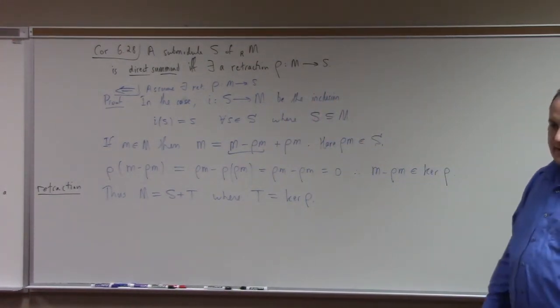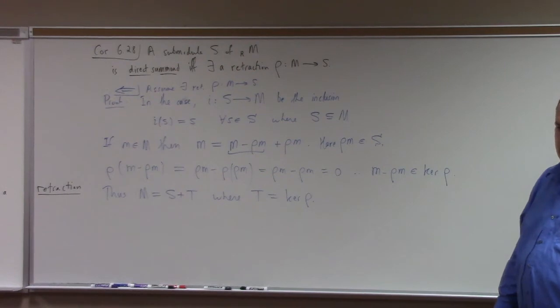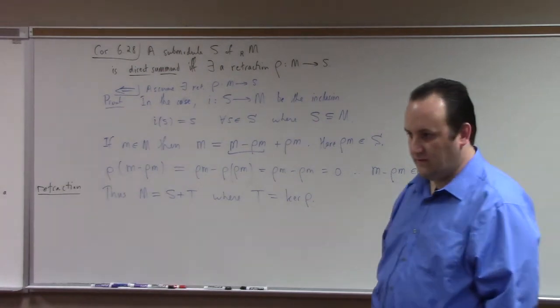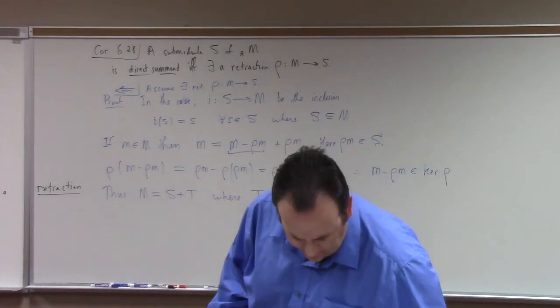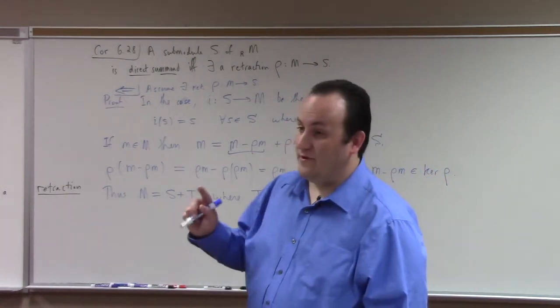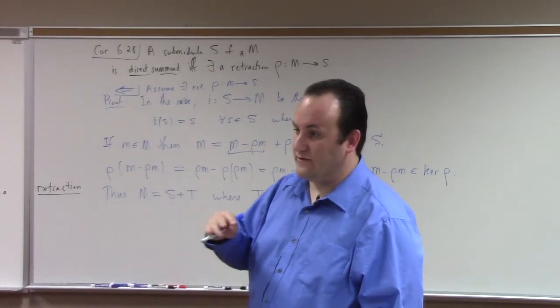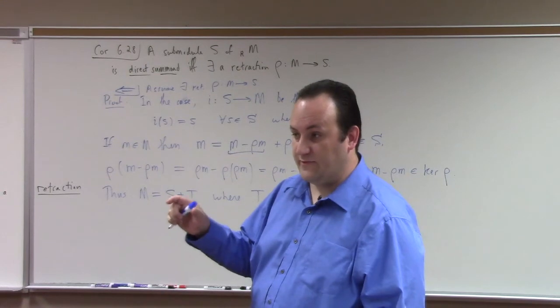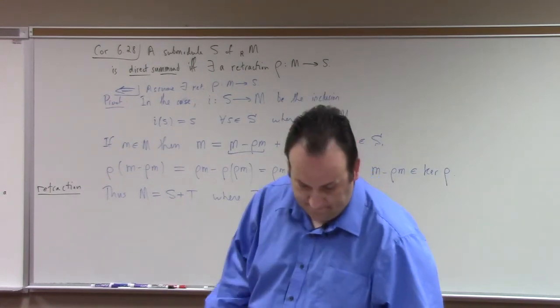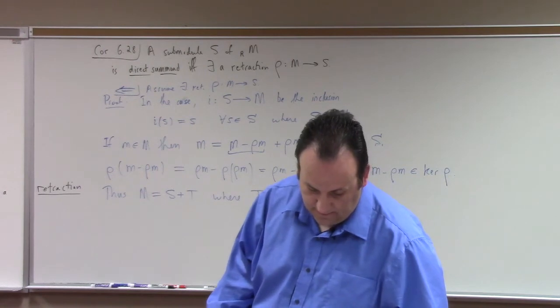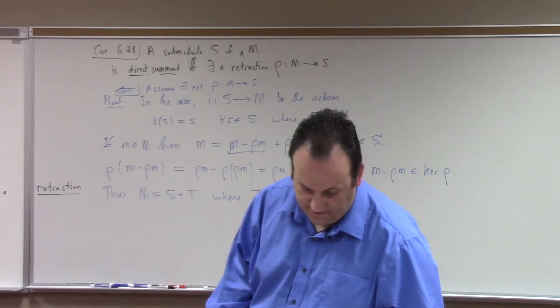So to show it's a direct summand, we need one more thing. We either need uniqueness or we need to show the intersection of these two things is 0. Part 2 of corollary 6.27 says that the unique representation is equivalent to the intersection of the two submodules being 0. So we still have that. So what happens if you assume that m is in S and T?